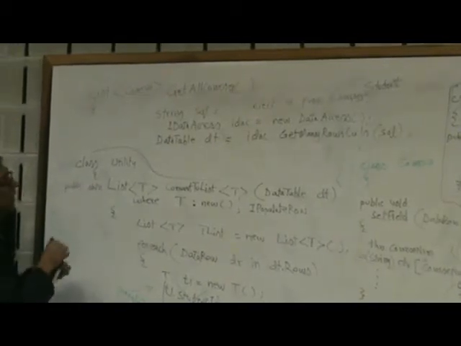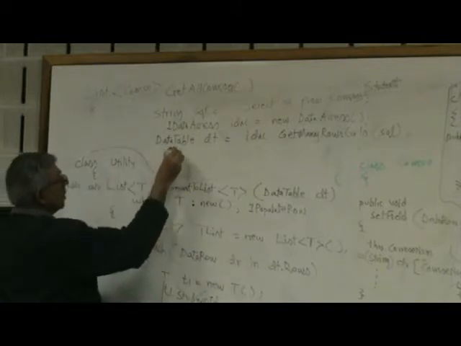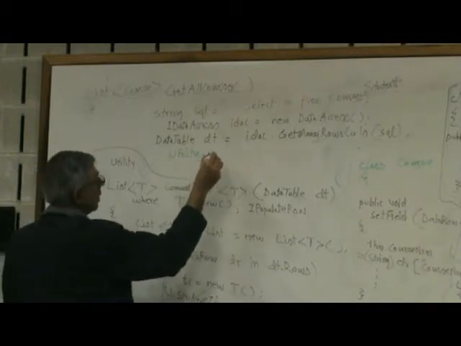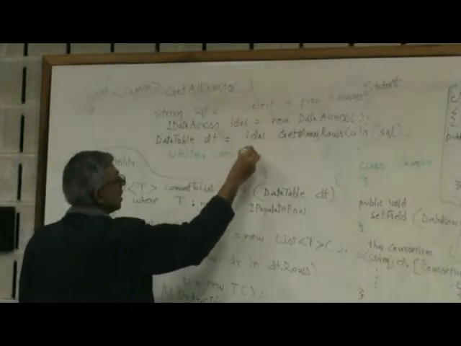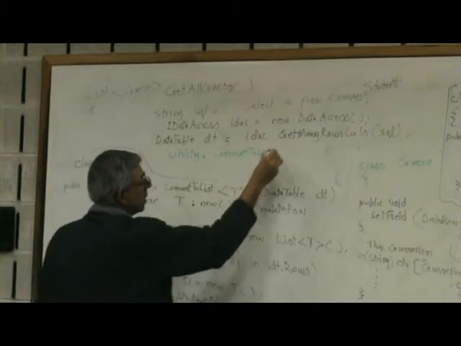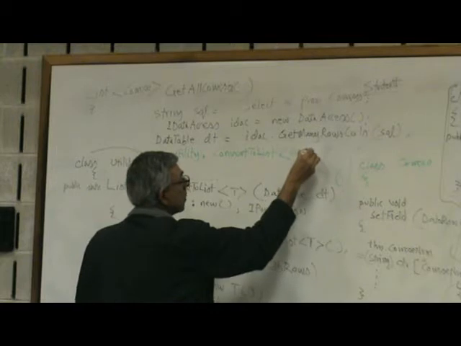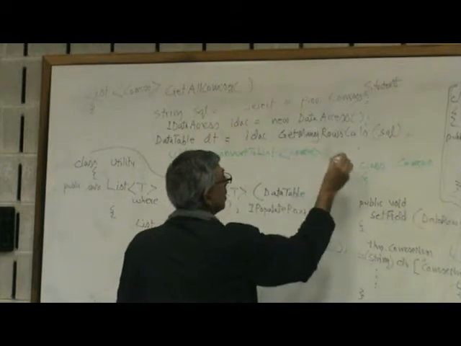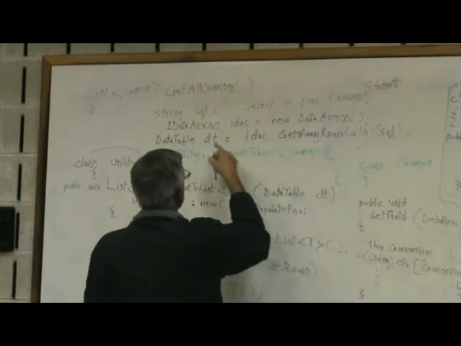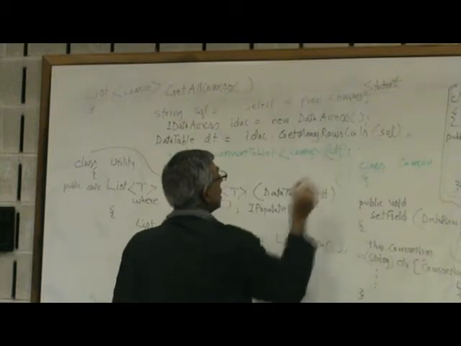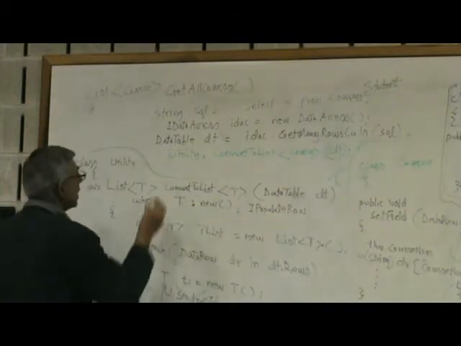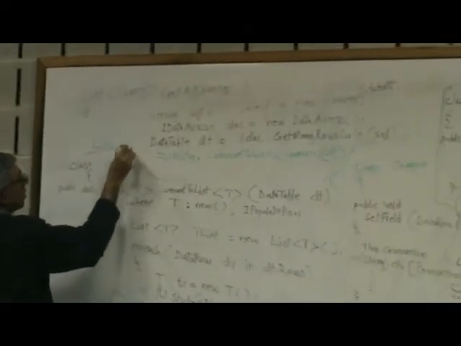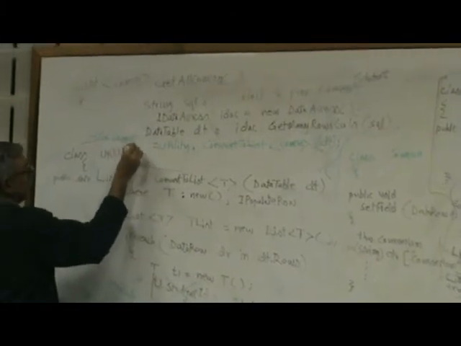Now if somebody tried to do something like Utility.ConvertToList, Course, and let's see, our data table DT, and try to store it in a list of course, and let's call it cList.